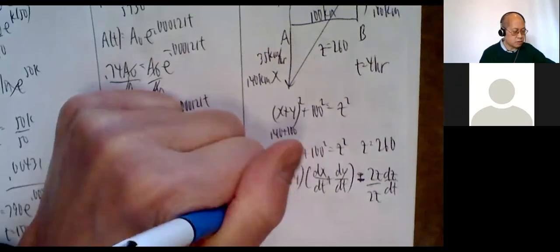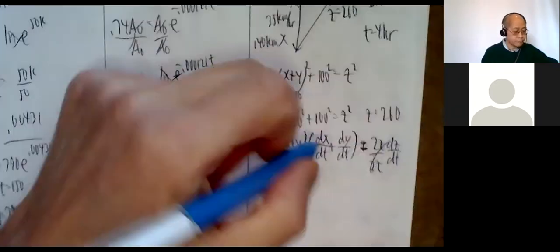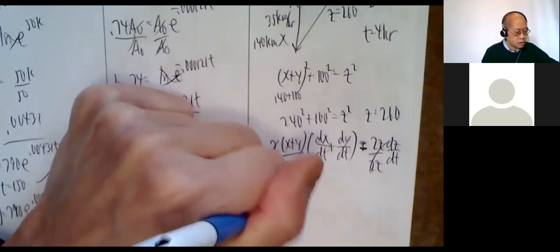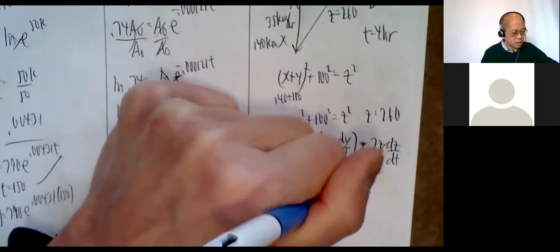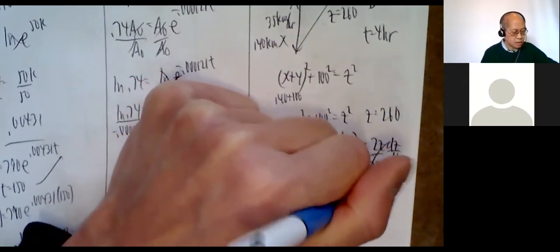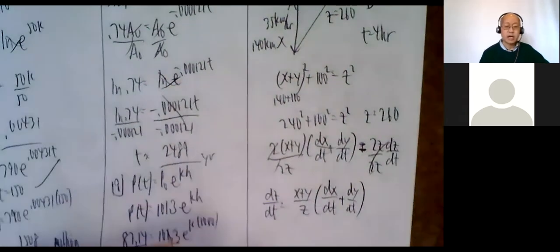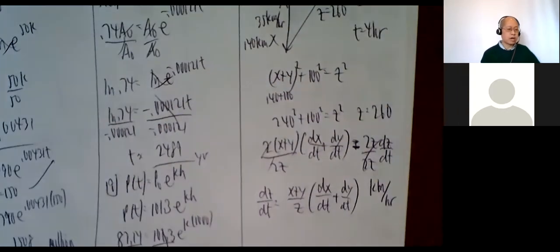Divide both sides by 2z, the 2s cancel. dz/dt is (x + y)/z times (dx/dt + dy/dt). And my answer is in kilometers per hour.